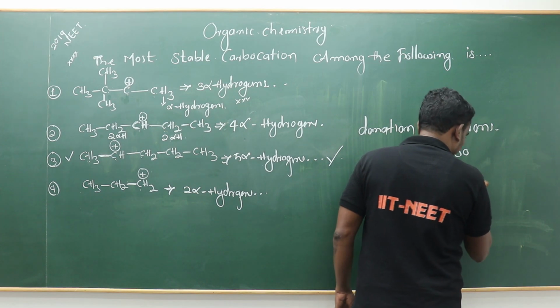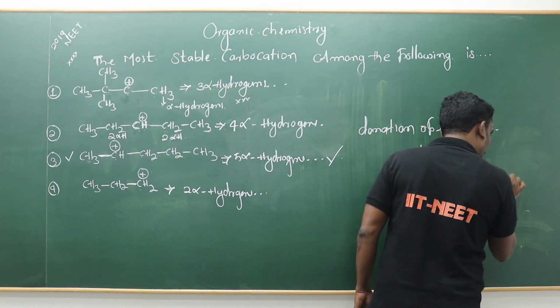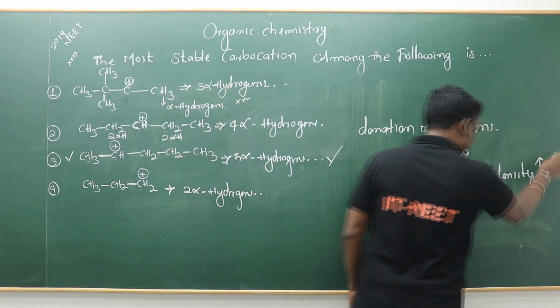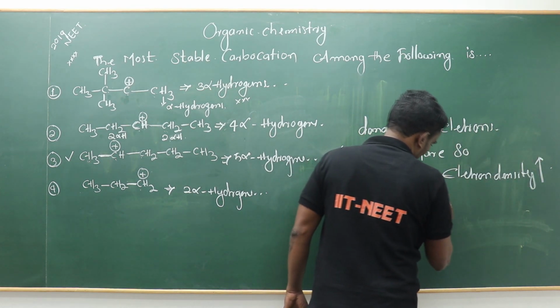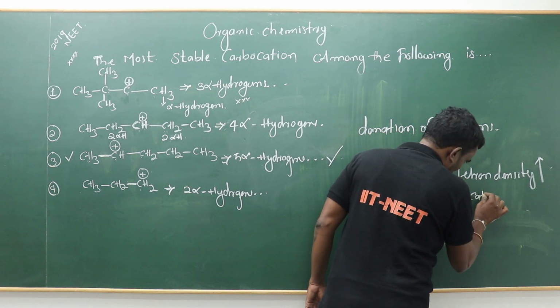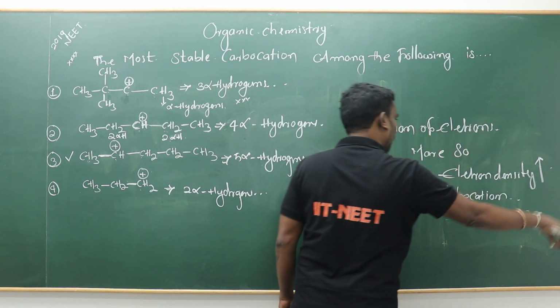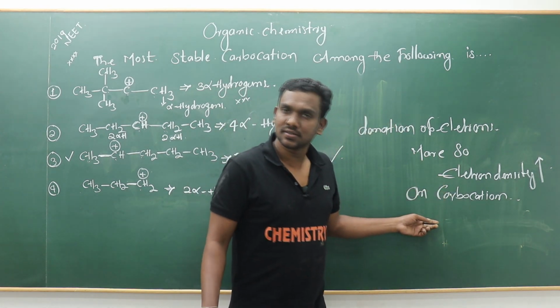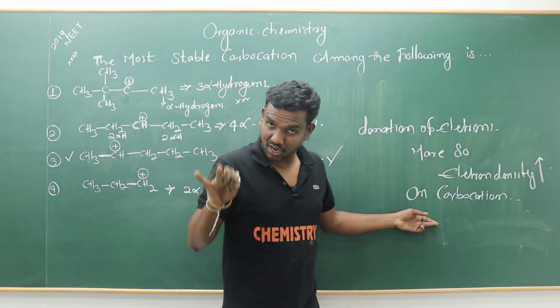So electron density increases on carbocation. What happened here? Electron density increases, carbocation charge decreases.